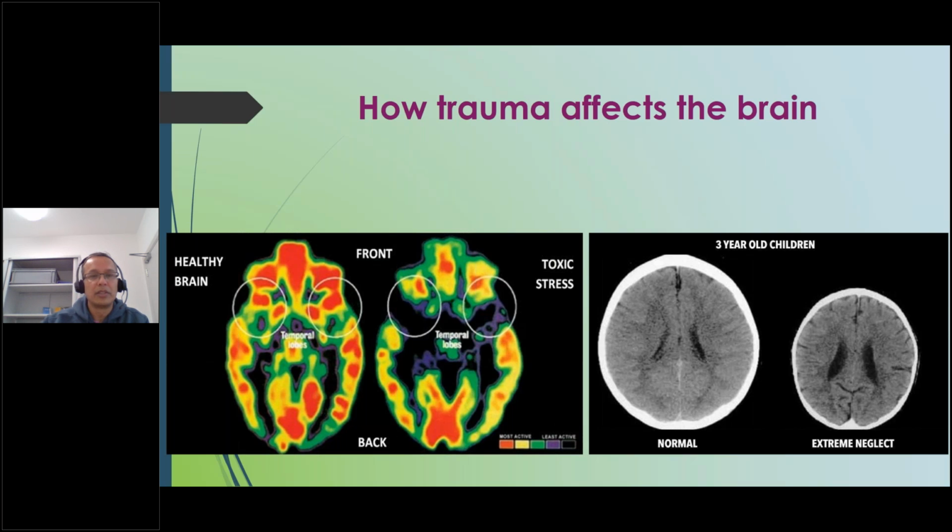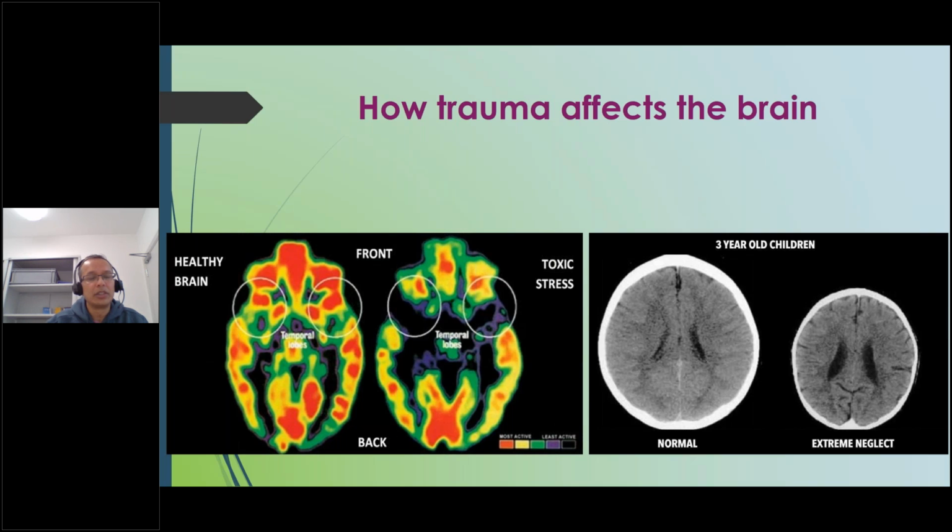So here is a picture of how trauma can affect the brain. As you can see on the left, there is a brain scan of a healthy brain beside one that has suffered from toxic stress. Toxic stress is prolonged stress, and that can lead to traumatization. The red parts of the image are those that are active.